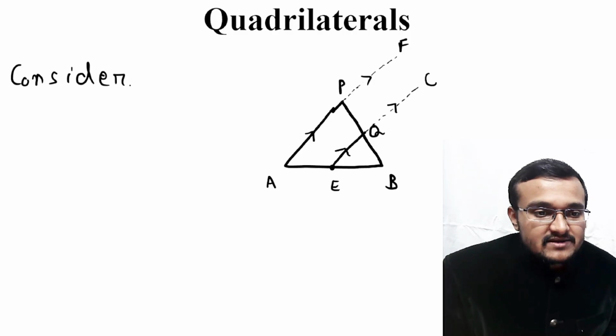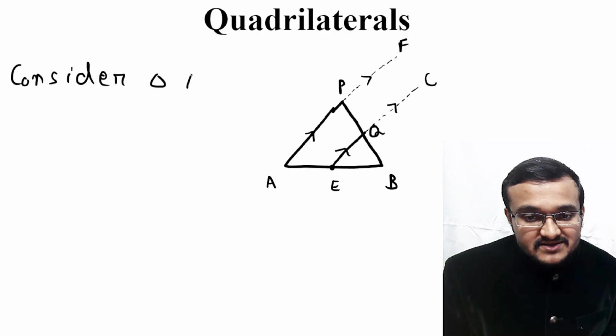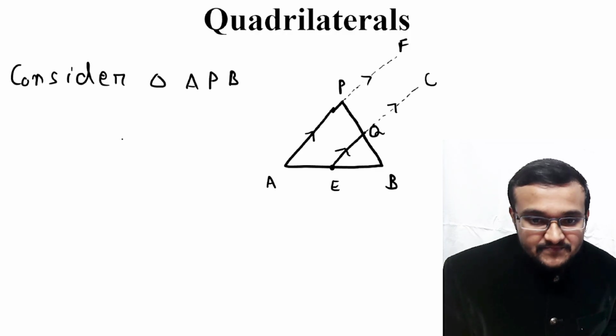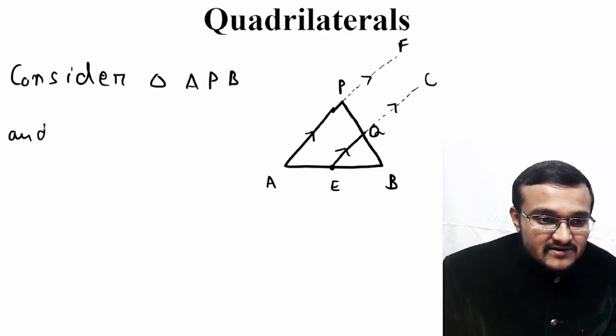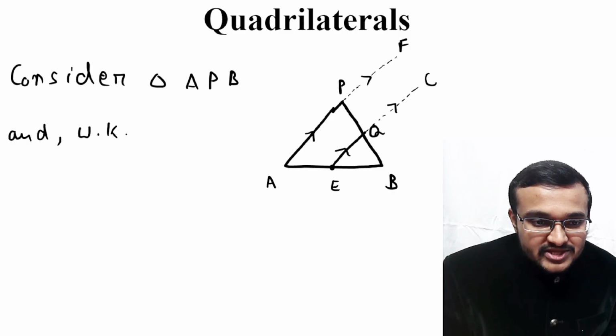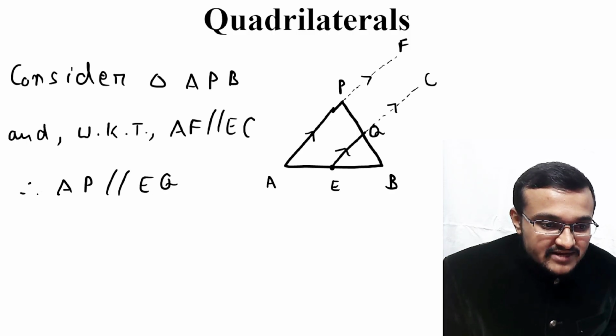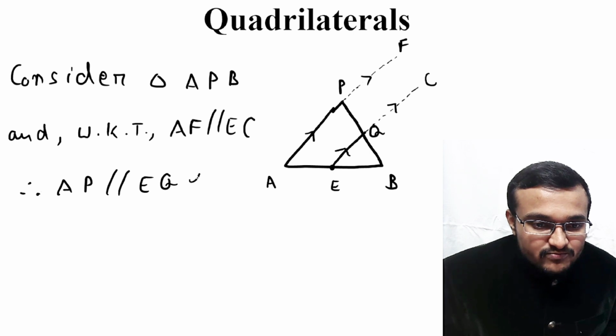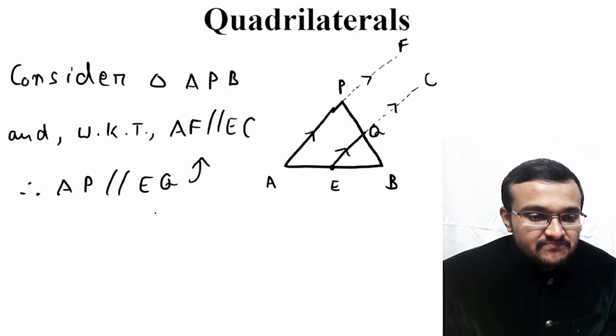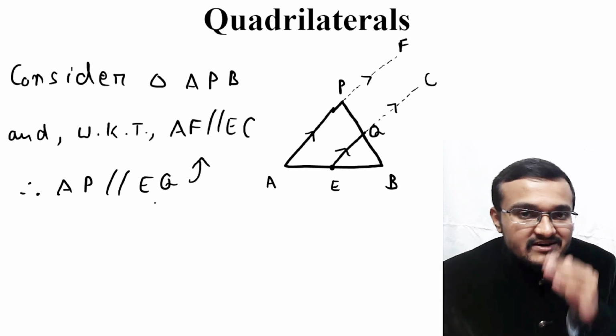So let us consider triangle APB, and we know that AF is parallel to EC. Therefore AP is parallel to EQ, because AF is parallel to EC and P and Q are lying on AF and EC.